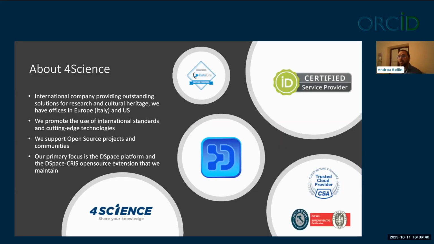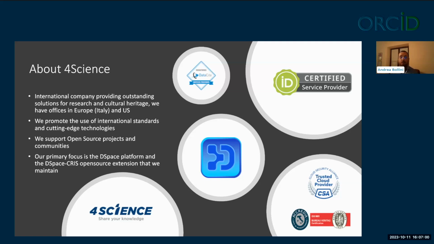So let me introduce my company, 4Science. 4Science is an international company that provides solutions for research and cultural heritage. We have offices in several locations in Italy and in the US, in Missouri.